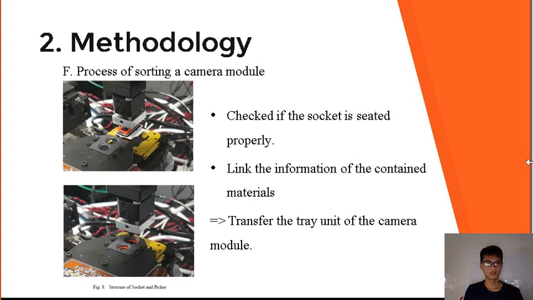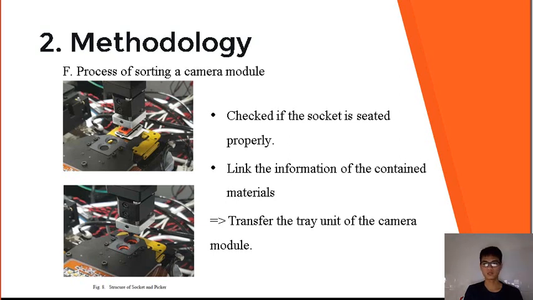Finally, the process of sorting the camera module. Figure 8 indicates that the camera module is correctly seated in the socket and is being inspected. For the camera module to be properly inspected, it goes through a lot of processes in order for the signal to be properly transferred from the connector to the memory of the PC.